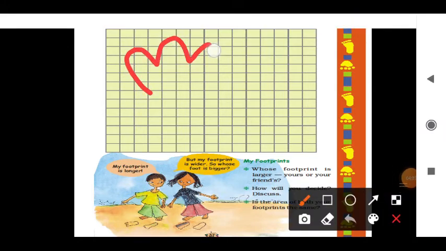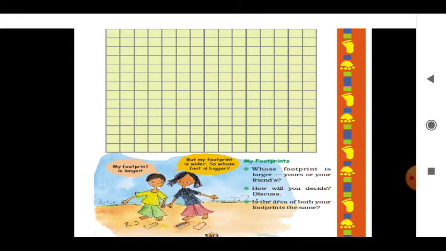You have to trace the hand and find the area. See here how many boxes there are, 1, 2, 3, 4, like that. You have to count the number of squares inside what you have traced.